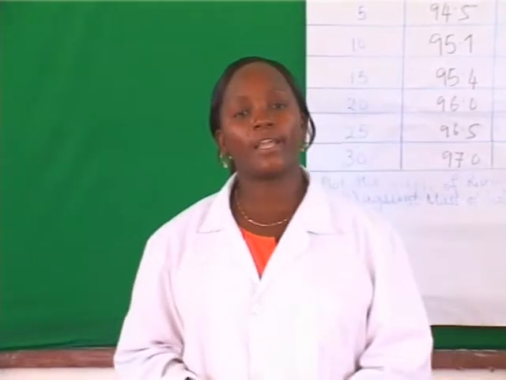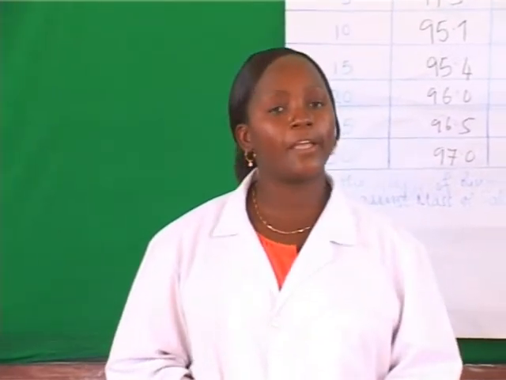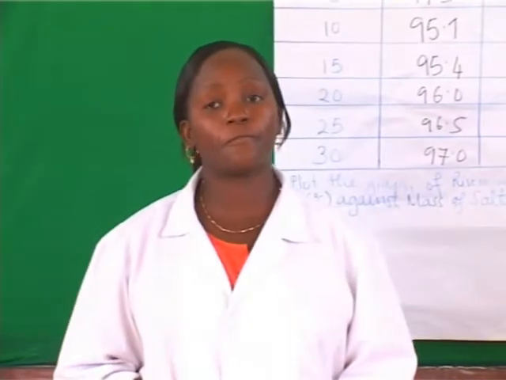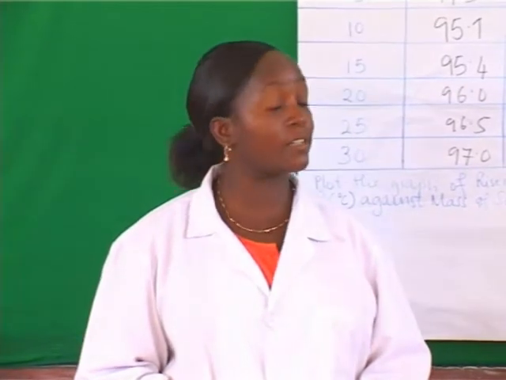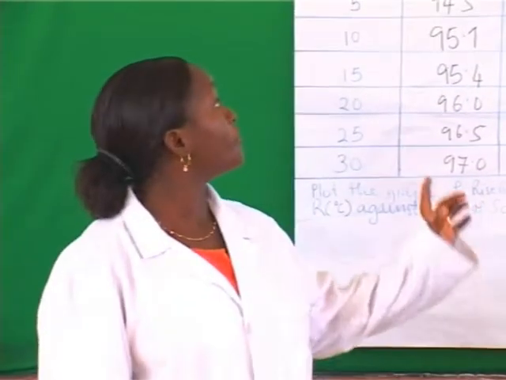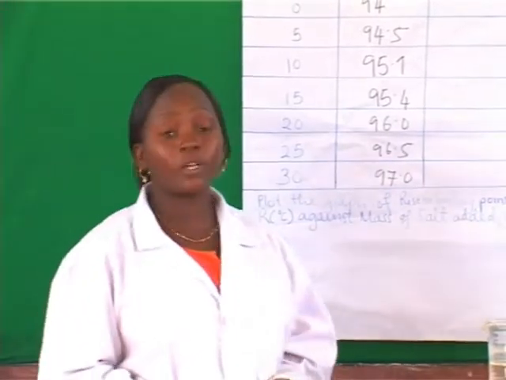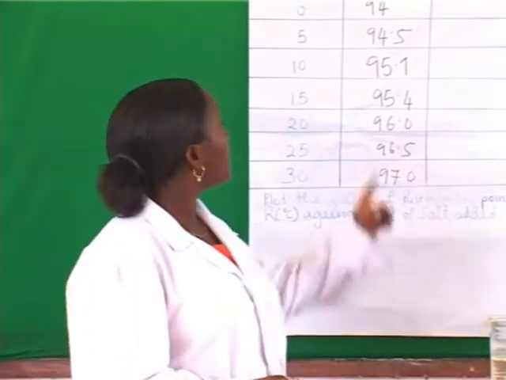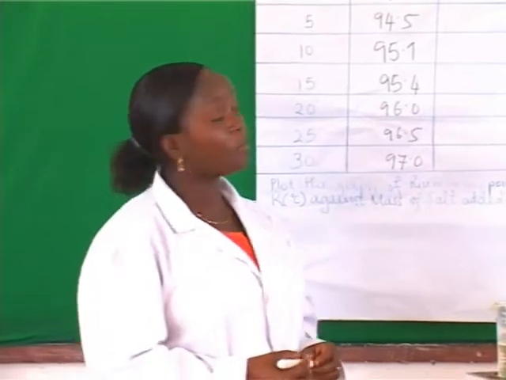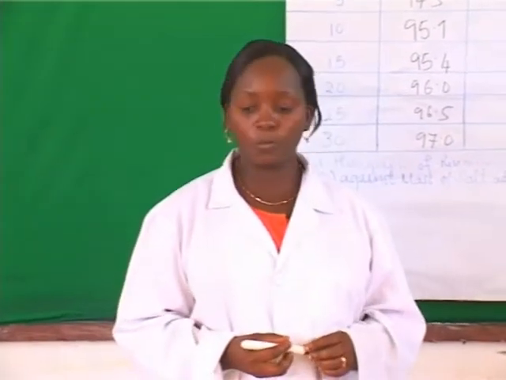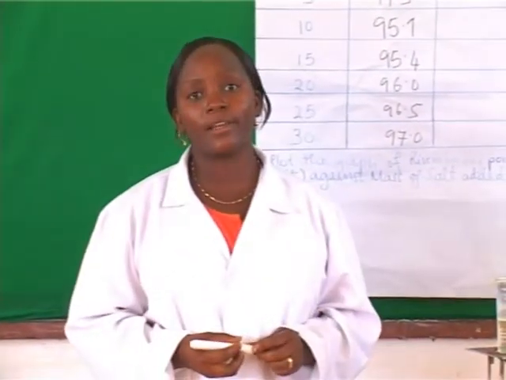After recording the data, find the rise in boiling point of water by subtracting the value of boiling point when the water was pure from the value of boiling point when the salt was added.